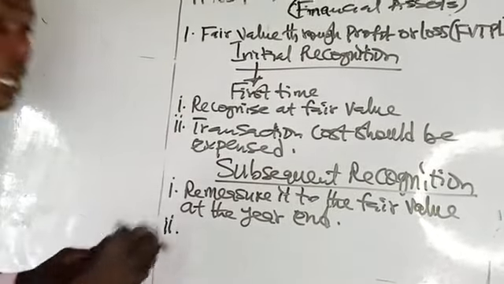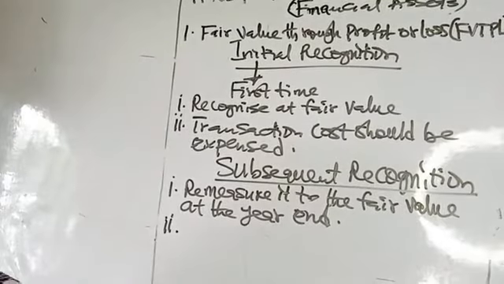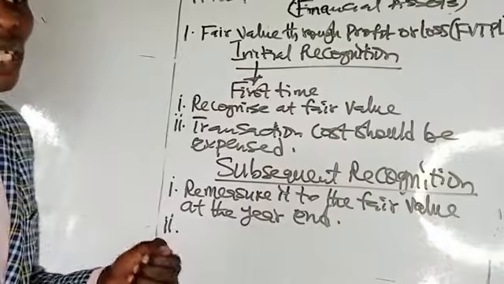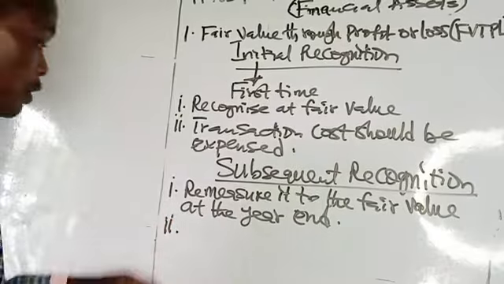Number two, any gain or loss attributable to that instrument should be shown in the statement of profit or loss.